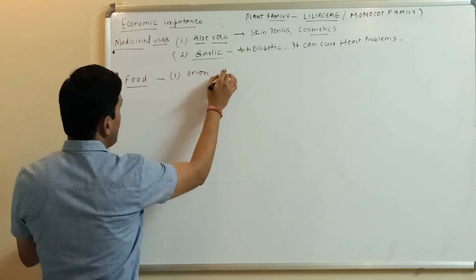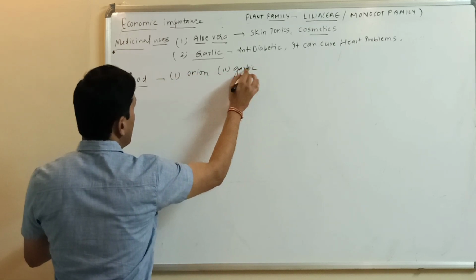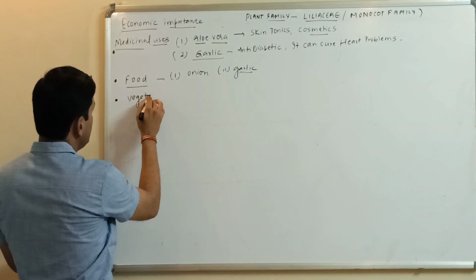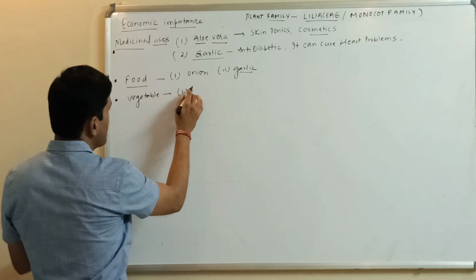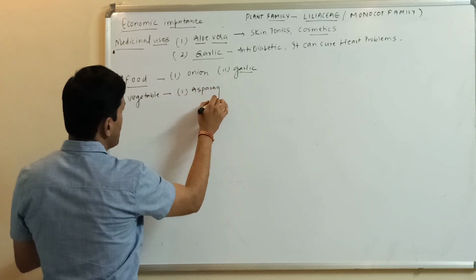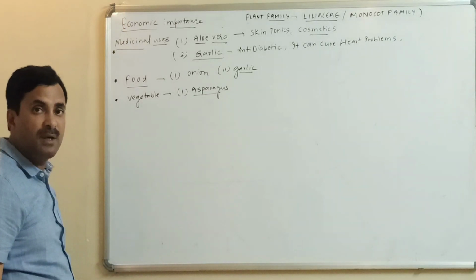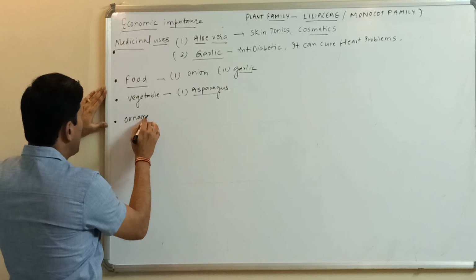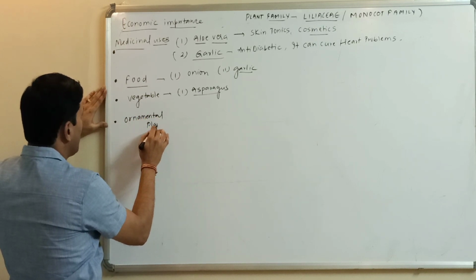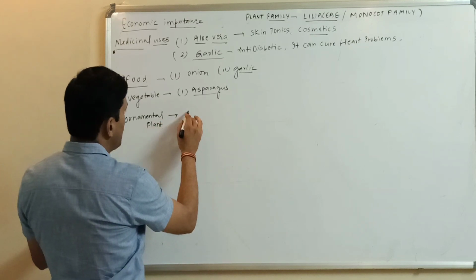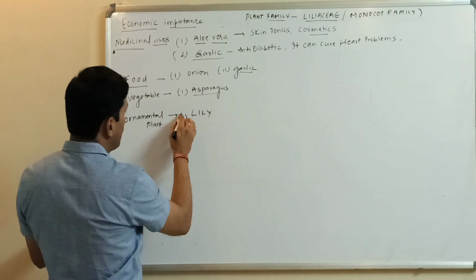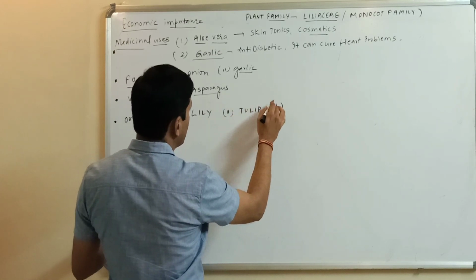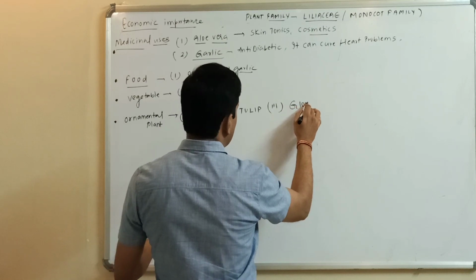One is known as the onion and the second one is the garlic. Okay. The third one is vegetable. Asparagus can be used as vegetable. Okay. Next comes ornamental plants. So ornamental plants are lily. The second one is the tulip, and the third one is gloriosa.